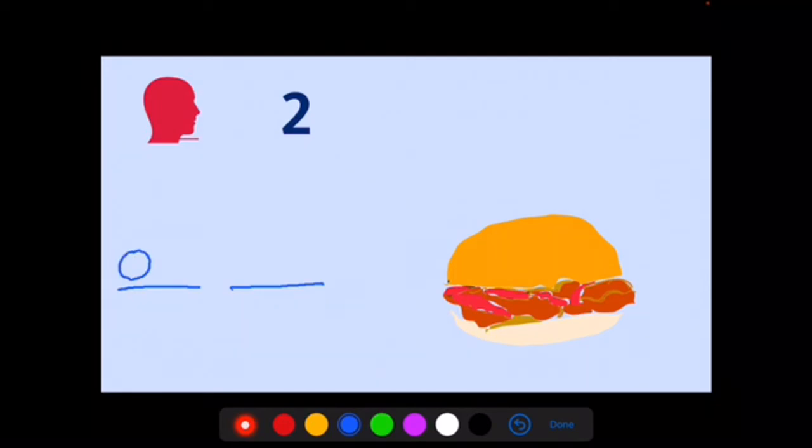B. A long vowel sound right at the end of the syllable. K. Our spelling choice, so we need to think about the sound that's next. O. N. Bacon. Let's have a go at writing it.